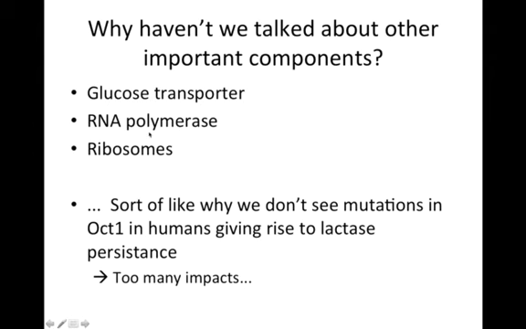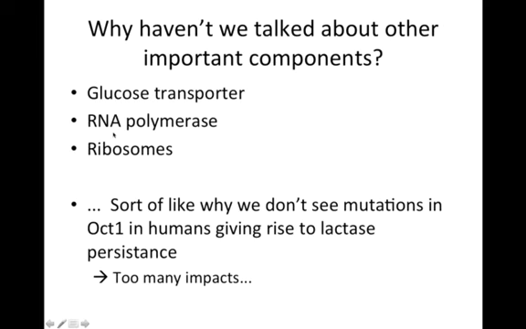Similarly, for any of these genes to be expressed, we need an RNA polymerase, and we need ribosomes to transcribe and translate the genes respectively. And we haven't talked about those, even though they would have an important effect. The reason, certainly for these other two, that we don't observe these is probably because a mutation in the RNA polymerase, if we had an RNA polymerase that didn't function, well, that wouldn't just affect lactase production and lactose digestion.